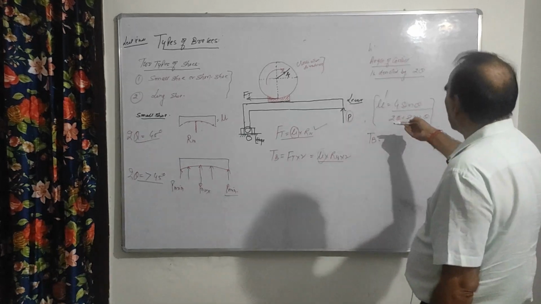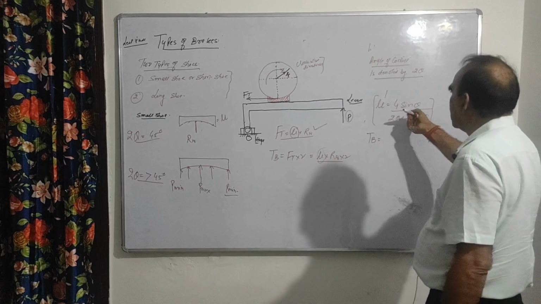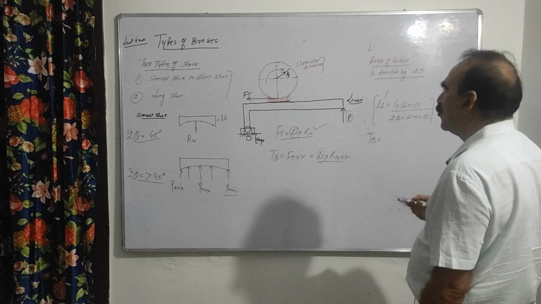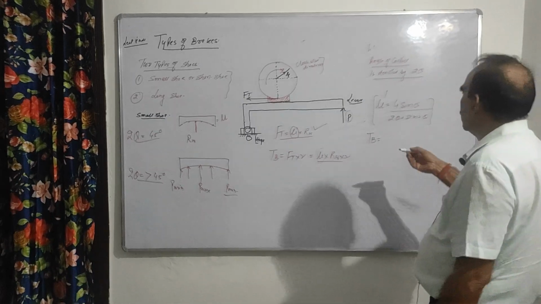First calculate the value of mu dash, 4 sin theta over 2 theta plus sin 2 theta. Here the angle of contact, 2 theta, is given to you. So you substitute.